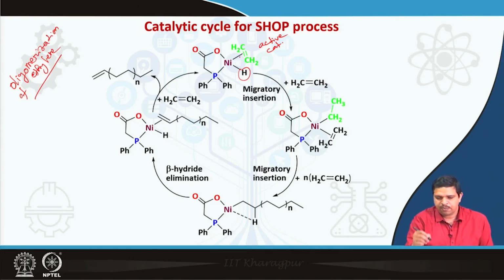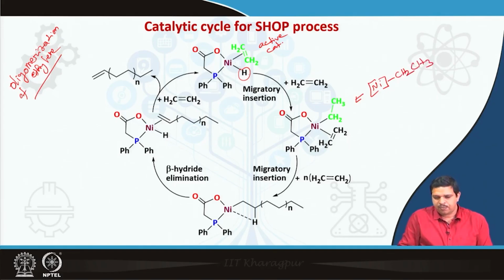Now what will happen? There will be a migratory insertion between the alkene and the hydrogen. Okay, and you will get the CH2CH3, that is the ethyl. So you will basically get nickel CH2CH3.